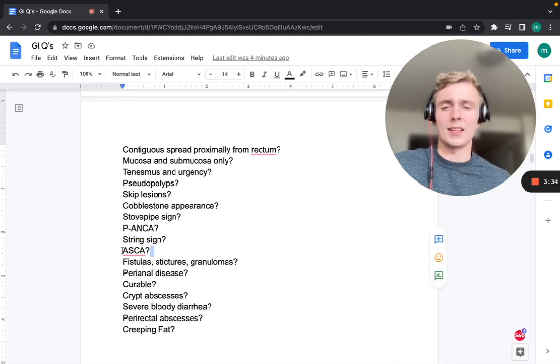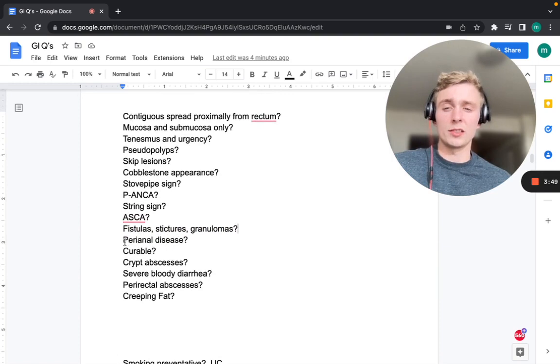Which one has ASCA antibodies? Which one has fistulas, strictures, and granulomas? Which one is more common to have perianal disease? Which one is actually curable, ulcerative colitis or Crohn's?